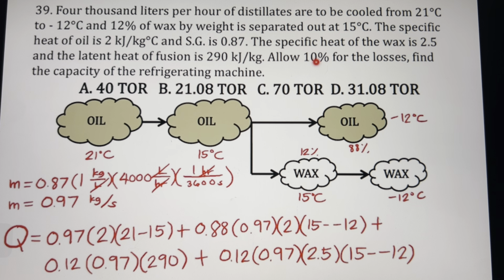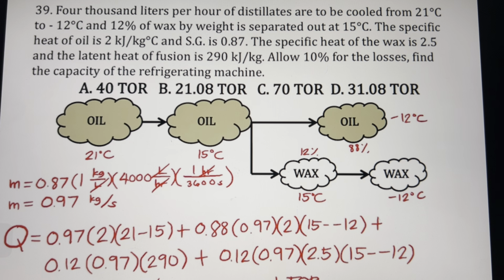So we have still a multiplier of 1 plus 0.10, which is 1.10. And then we should also convert this into tons of refrigeration. Take note, 1 ton of refrigeration is equivalent to 3.5167 kilowatts.